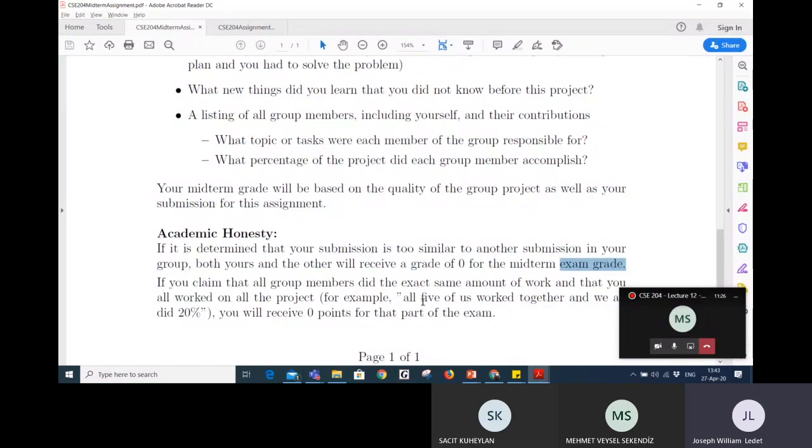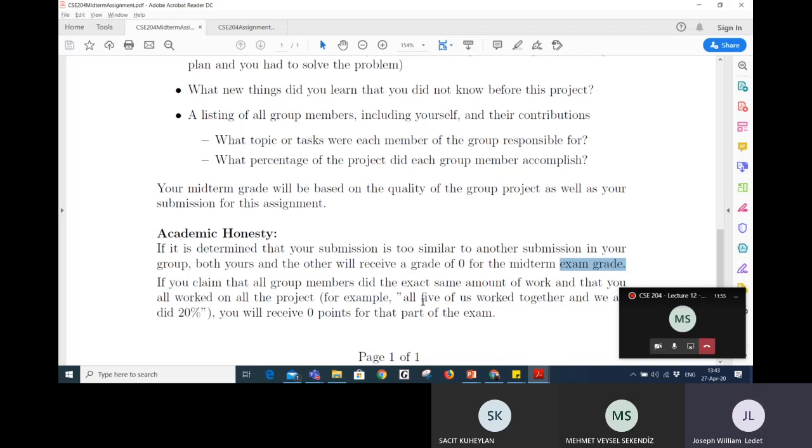I want you to do a really good job of assessing, really thinking through, what did you contribute to the project, what did other people contribute to the project. Hopefully you worked hard on it, and in an ideal world everybody would do equal amounts of work, but I understand that not everybody has the same amount of time to put into a project like this.